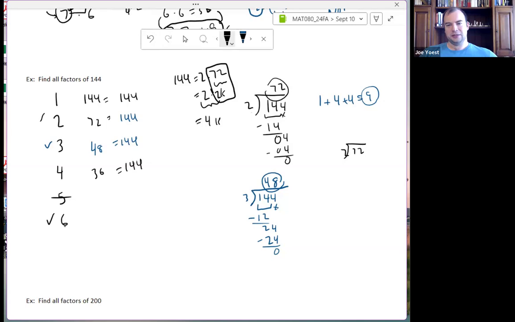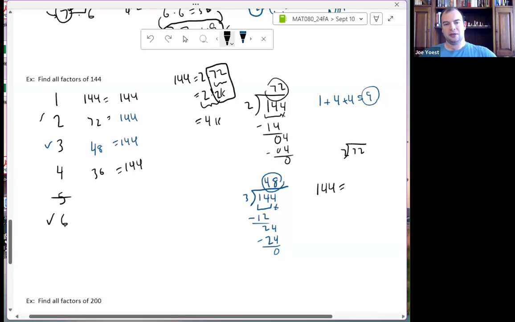How do I figure out what should match with 6? 6 times what gives me 144? I could do long division. I also could leverage the fact that I know it's divisible by 3. I know it's 3 times 48. And I might recognize 48 as 2 times 24.